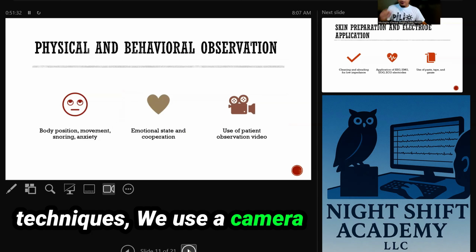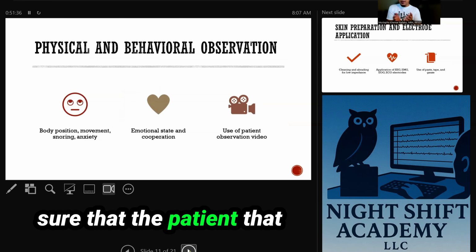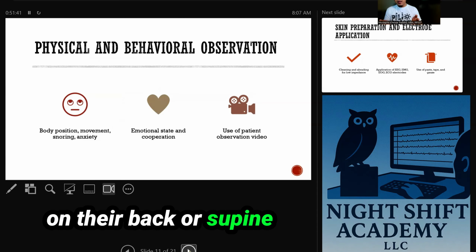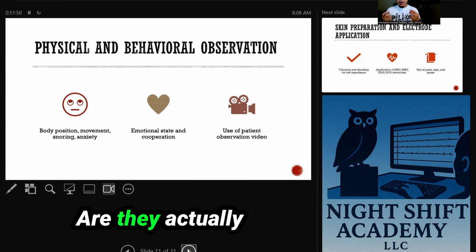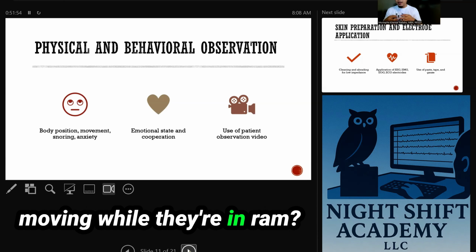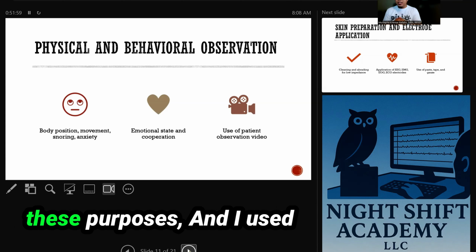All right, we also do physical and behavioral observation techniques. We use a camera to monitor the patients. And why? We want to make sure that the patient that we monitor is actually on their back or supine or on their lateral, left lateral. Are they curled up? Are they actually having leg movements? Are they thrashing? Are they moving while they're in REM? So we utilize the cameras for these purposes.